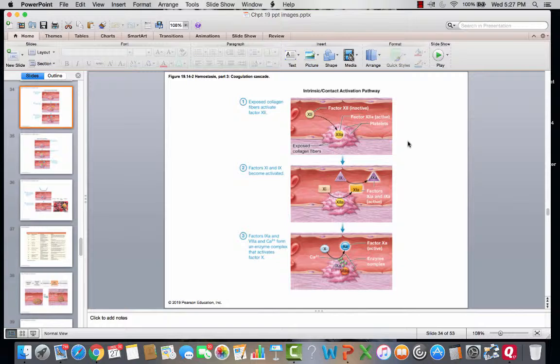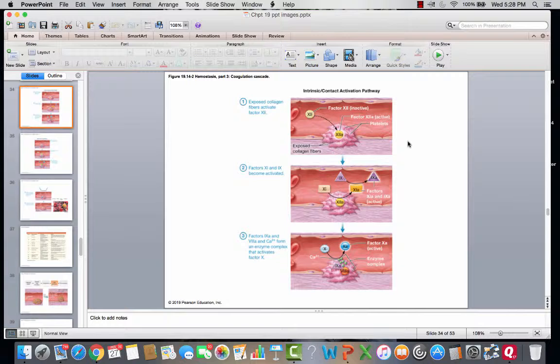In your textbook on page 742, there's a list of about 13 clotting factors. There used to be 13, but now we don't have a factor 6. So we've updated our information and have 13 numbered, but only 12 clotting factors.